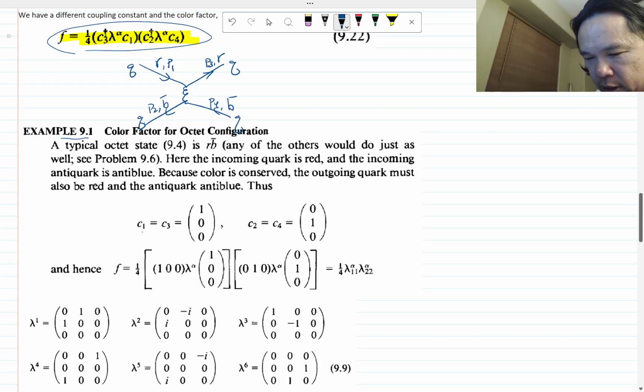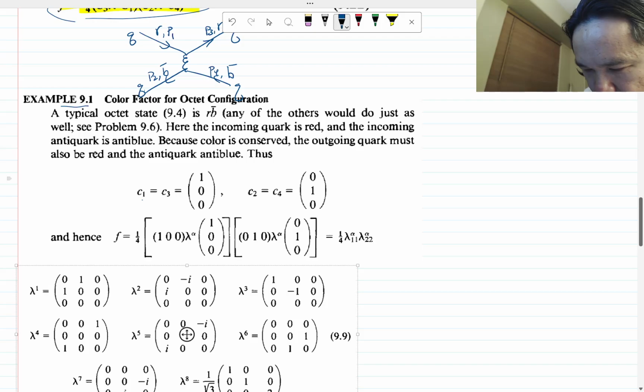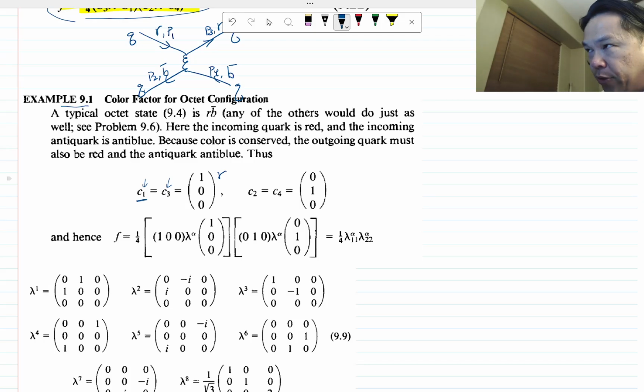So let's calculate what this color factor is up here, this one for C3 lambda C1, C2 lambda C4. Complicated matrices. Since we define the incoming quark and the outgoing quark to be red, the 3-component color vector is going to have 1 on the first component.